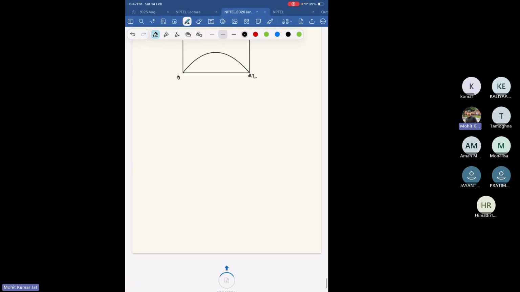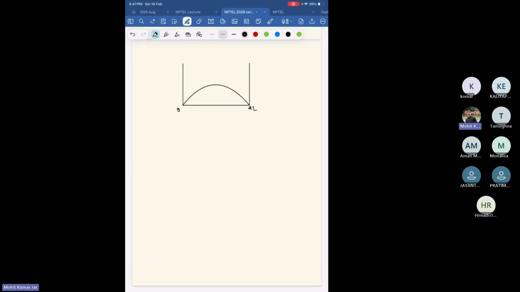So we know that the ground state energy for a particle in a 1D box is h bar square pi square by 2 m L square, where m is the mass of the particle.